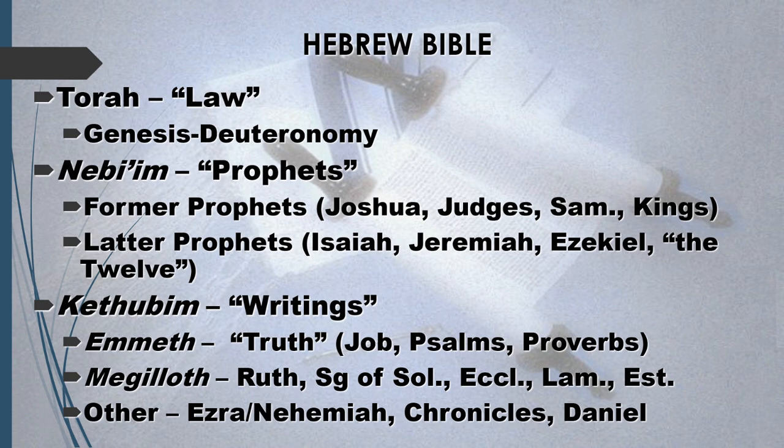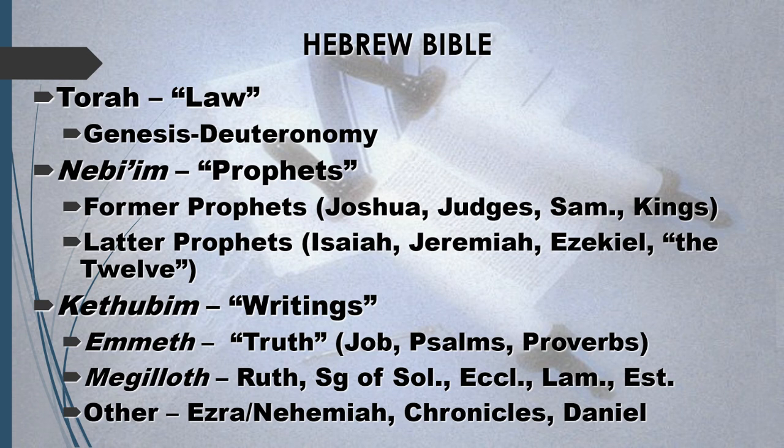So you've got a different structure and ordering of the Old Testament between following a Hebrew classification and an English classification. Now, for us, that's not going to be very important for the purposes of our course. We are not reading this in Hebrew, so we are going to follow the English order.